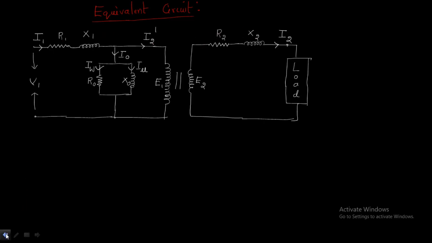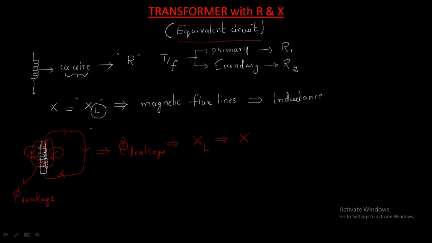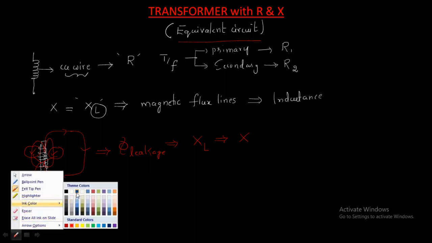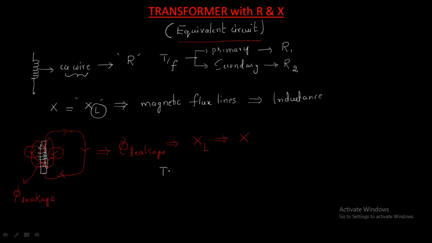Before that, just look, we have two windings again. The transformer consists of two windings. One is the primary winding, another one is the secondary winding. The primary winding has the primary leakage reactance represented with X1.